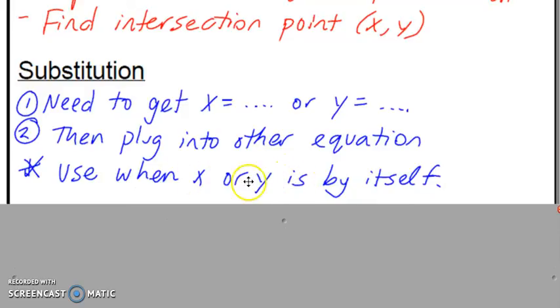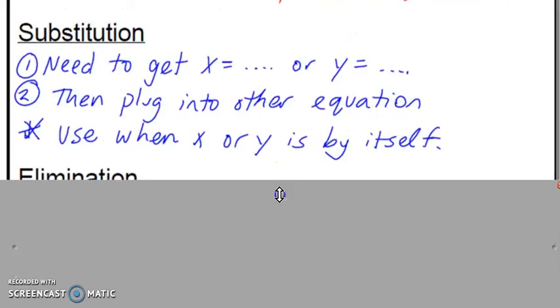Substitution is the best method to use when you have x or y by itself already. Sometimes directions will tell you that you have to use substitution, but some problems will just say to solve the system of equations, and it won't tell you what method to use, so you can choose if you want to use any of these three. Usually you would choose substitution or elimination. But again, substitution would be best to choose when you have x or y by itself.